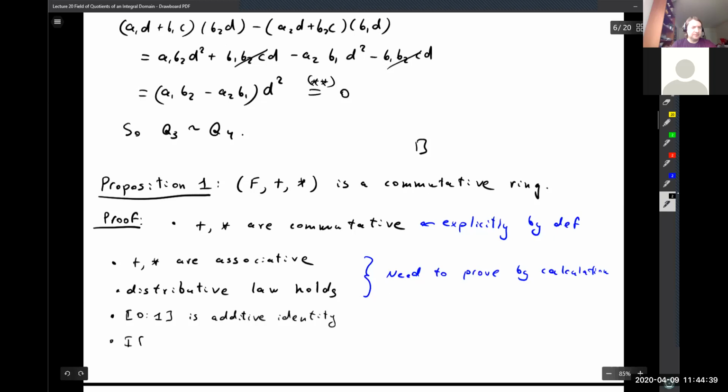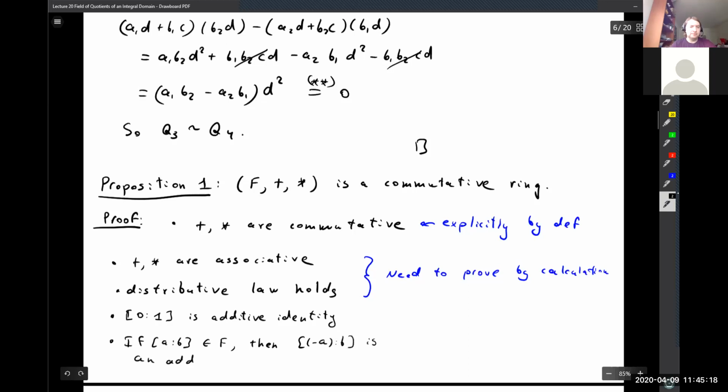And if A over B belongs to F, then minus A over B is an additive inverse.